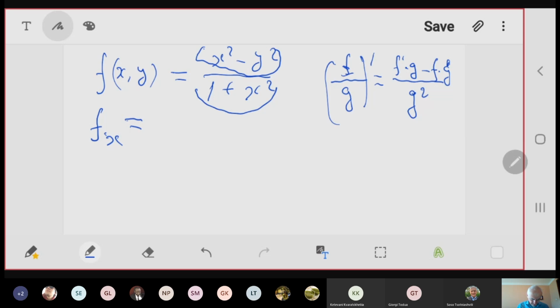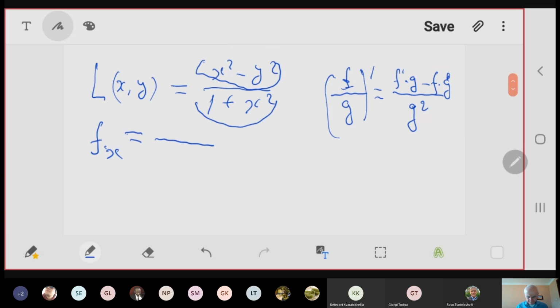I can replace this f by a function L to not confuse. So now in the formula we have the derivative of f times g. And what is the derivative of f? The derivative of f here is 2x.